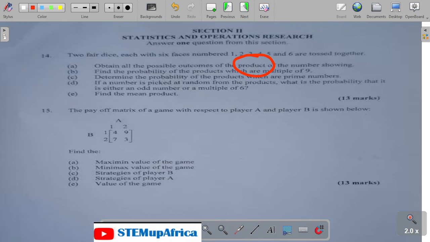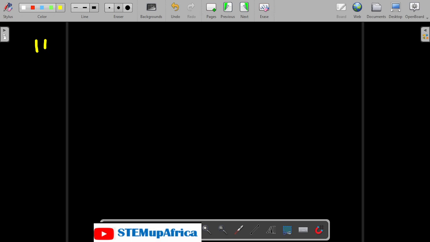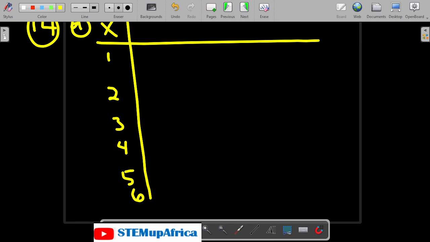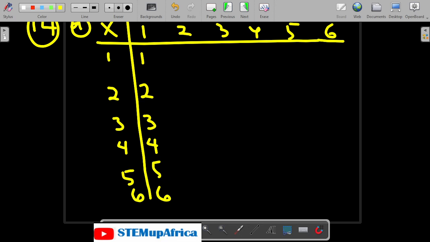So 14a. I'm going to have this. This is times 1, 2, 3, 4, 5, and 6. Then there's also 1, 2, 3, 4, 5, and 6. Let's find out. 1 times 1 is 1. Here is 2, 3, 4, 5, 6. Here's 2, 4, 6, 8, 10, 12.